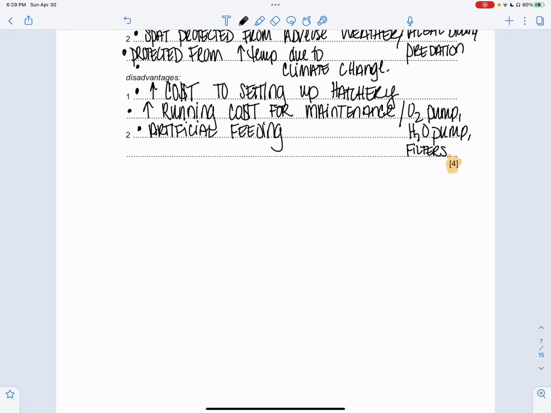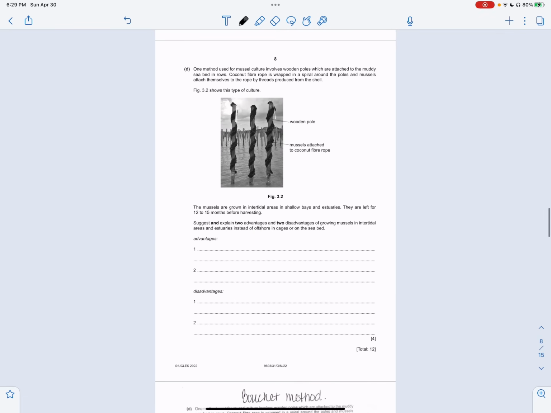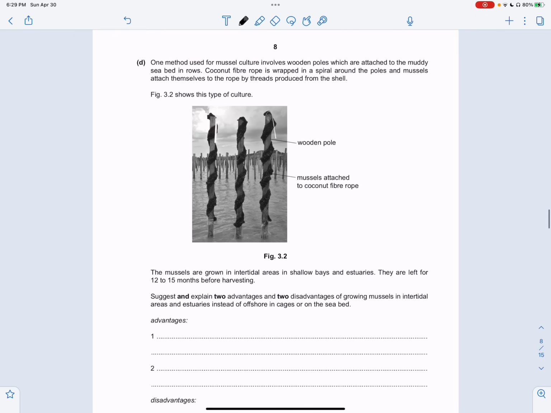Artificial feeding is required. And those are things you'd have to hire people for as well, and they would have to be knowledgeable on how to do it, where the ocean could maybe just do it for them. Okay, I actually have this answer on the next slide because there was a lot you could write about it.